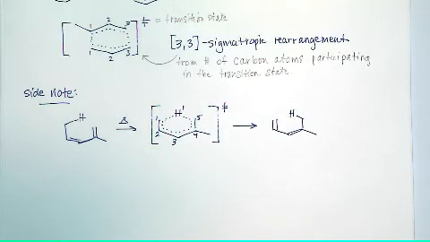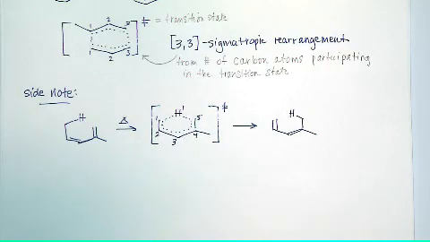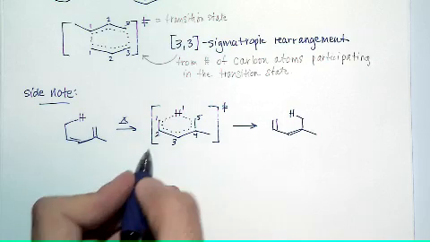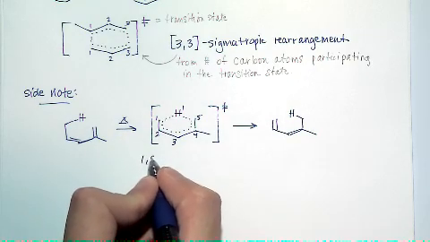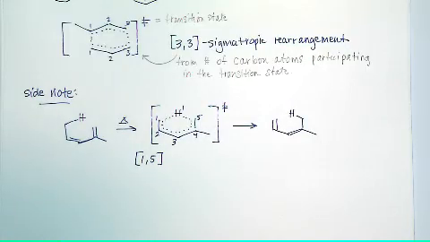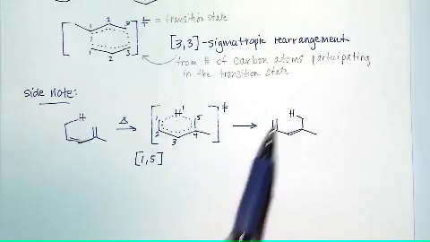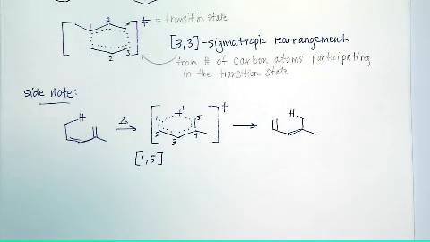And that would be a reaction like this, where one of the members of that six-membered transition state, right, we still have that six-membered transition state here, one of the members is a hydrogen. And this is a type of 1,5, because we've got that hydrogen that basically ends up just jumping to the other side of the molecule.